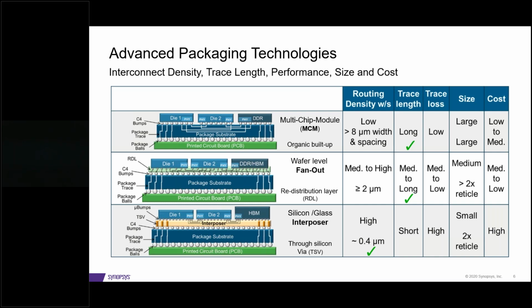You may not get as high densities as the silicon interposer offers, but the fan-out is the next best. And of course, the MCM is there, but it does not allow you to get the spacing and the traces that you need in the amount of space. So it makes your package substrate much larger if your width and spacing are larger than they need to be with the other options. And of course, there are other things to consider, such as the trace losses, and definitely the cost, which to some extent can be the major driver in decision making.